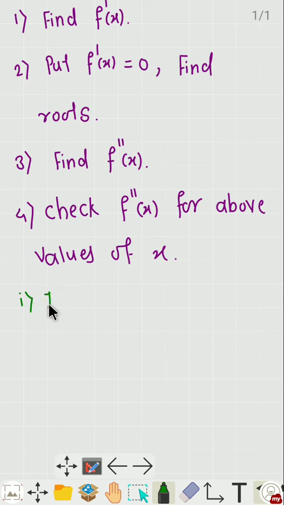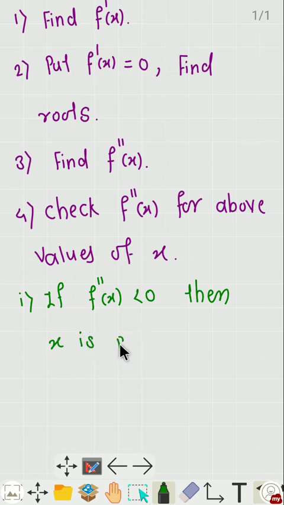If f double dash at x is less than 0, then the corresponding x is the point of maxima.